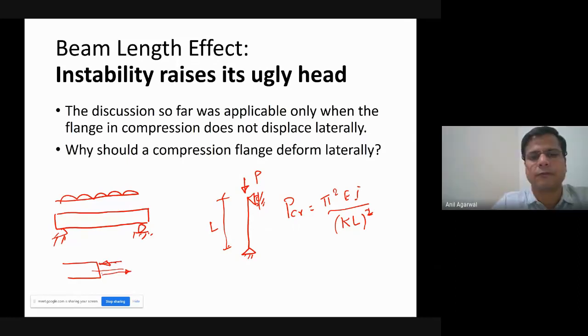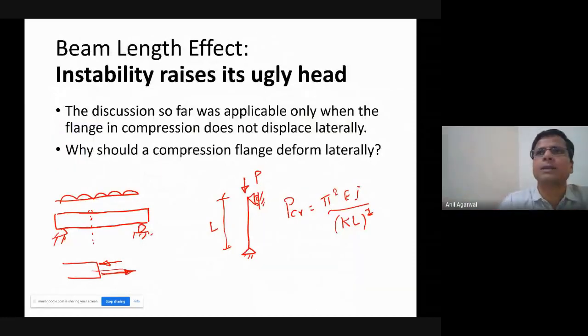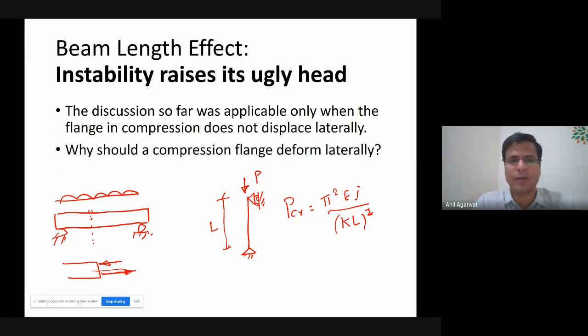So the top part will be under compression, the bottom part will be under tension. The part that is under compression has a susceptibility for buckling, correct? And that is an actual limit state that we have to be careful about, and we need to design members for.